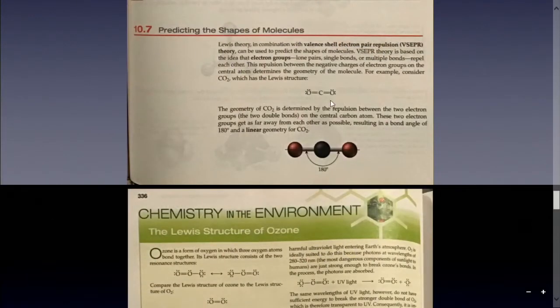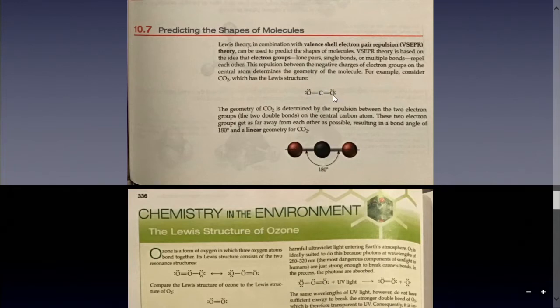Here's a Lewis dot structure for CO2, carbon dioxide. If you remember, it's got two double bonds there. Now, what you should note is that this geometry here, this linear geometry, is actually due to the repulsion between those two electron groups on the two oxygens. So you see these lone pairs of electrons that are on oxygen. Each oxygen has two lone pairs of electrons.